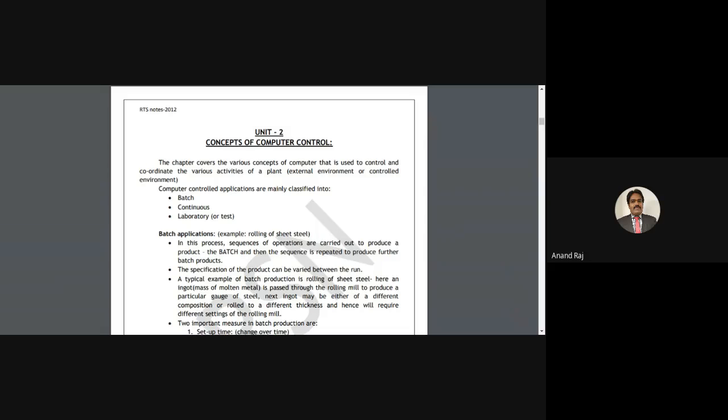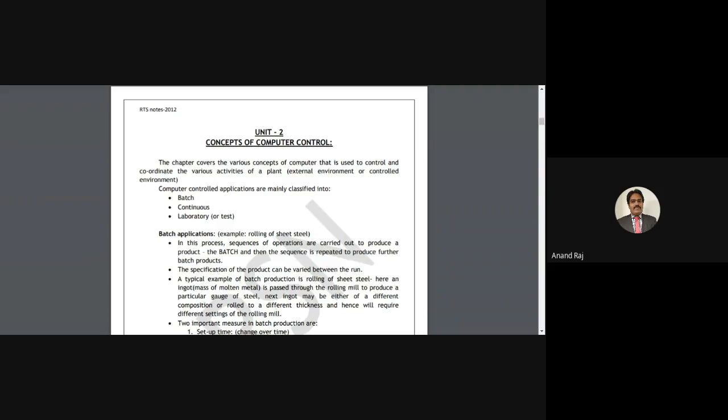Every product has a batch number, and the time and date of manufacturing are printed on it. Such applications are called batch applications. Batch applications are typically everywhere in the food processing industry. If it is a food processing industry and you're using computer control, then it is a batch application.